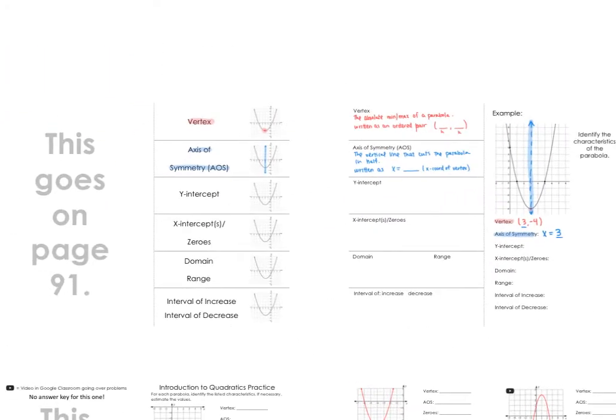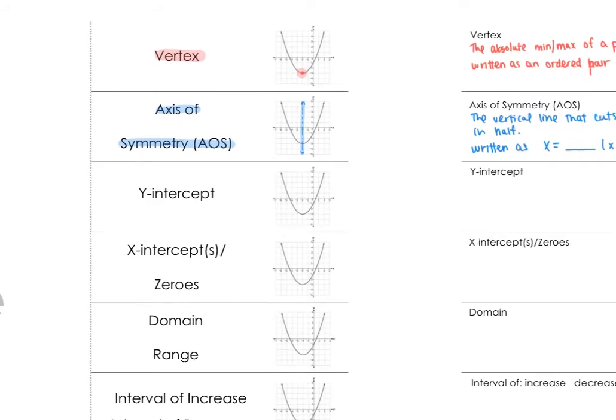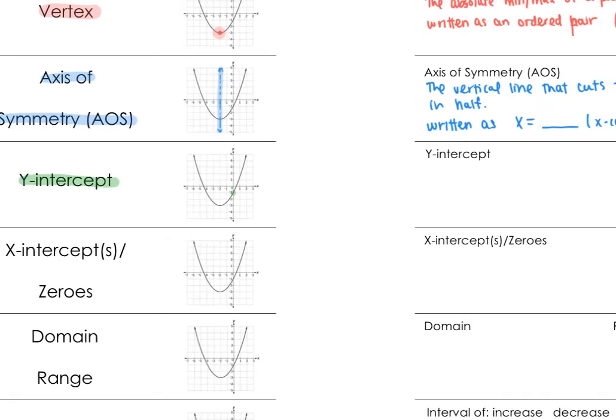All right. The next term is called the y-intercept, and this is something that you have heard of. The y-intercept is the point where the parabola crosses the y-axis.